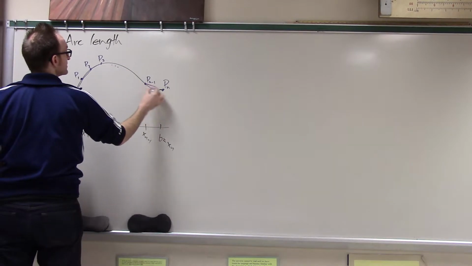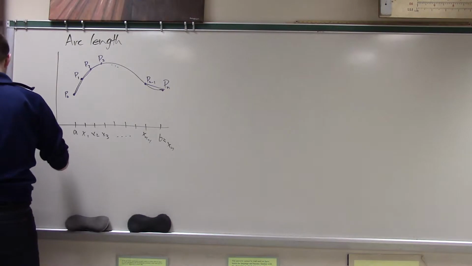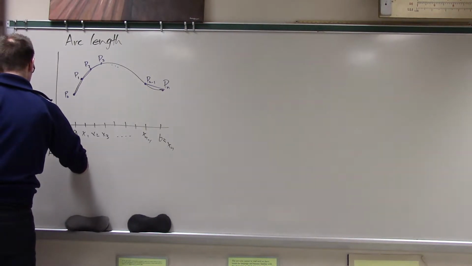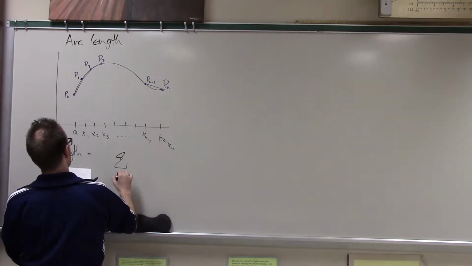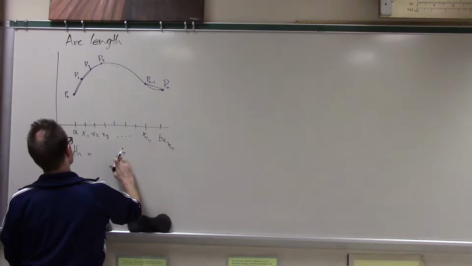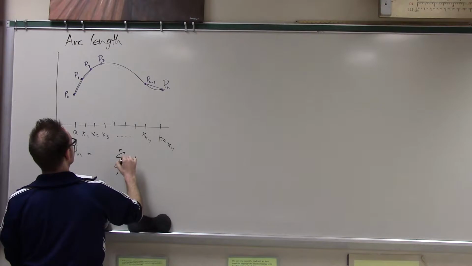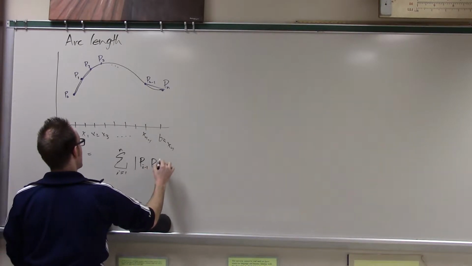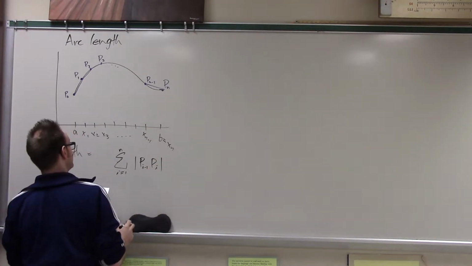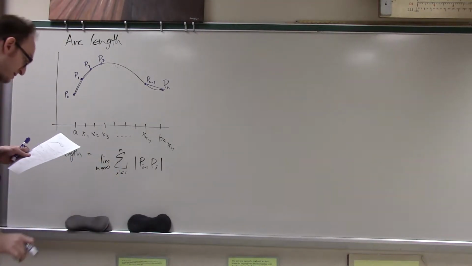So basically, I define arc length to be the sum from i equals 1 to n of all of these segments, from P i minus 1 to P i, and I want to take the limit as n goes to infinity, so as the number of partitions goes to infinity.